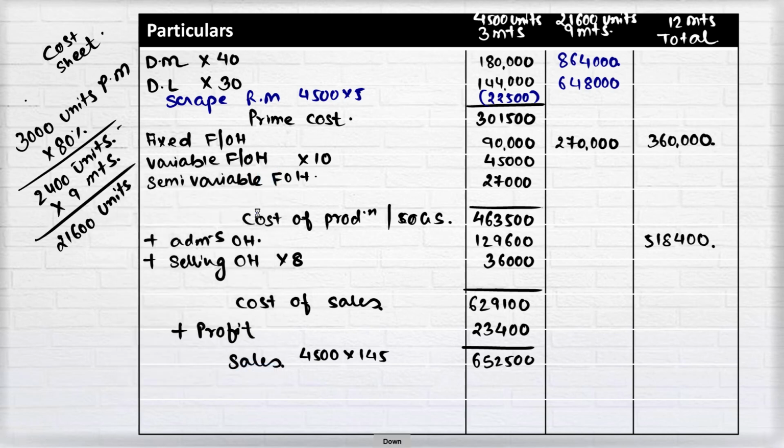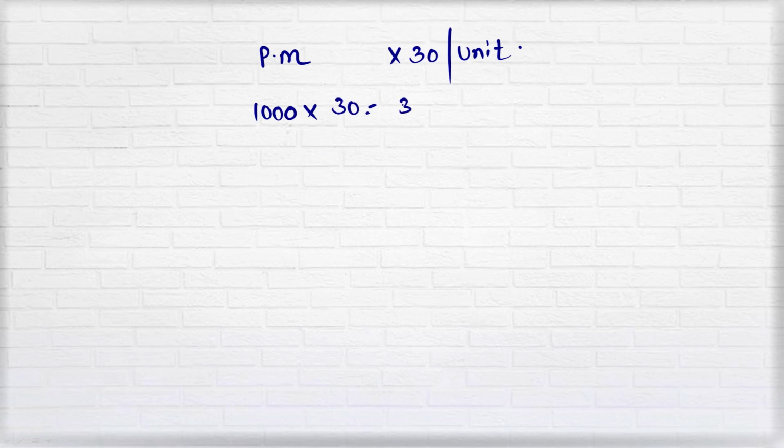Do you understand this? There is only one labor hired. Everything is manufactured by one labor. What is he promised? Per month, you will be getting 30 per unit. So if only 1,000 units are manufactured per month, you would get 30,000 rupees.